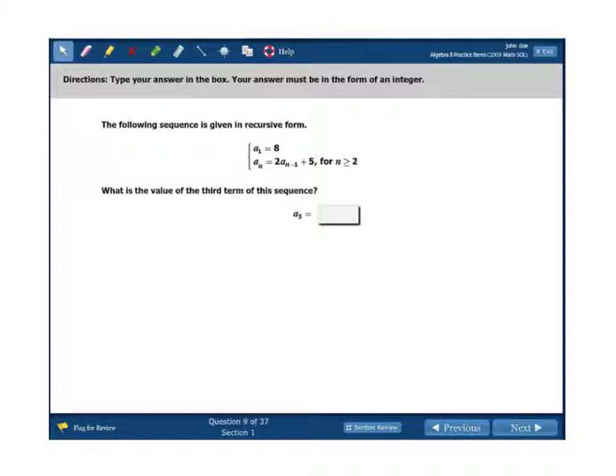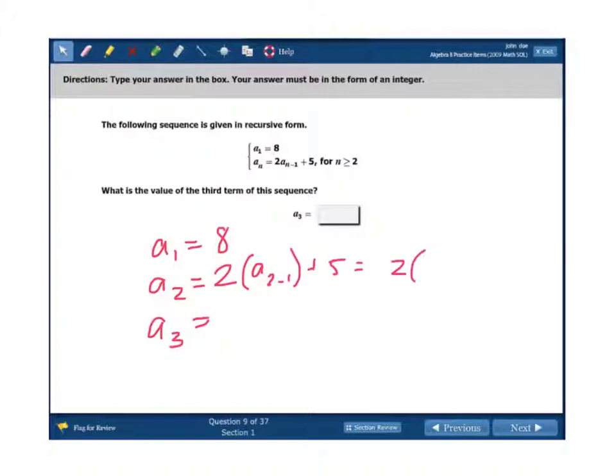Next question. The following sequence is given in recursive form. If A1 equals 8, find A3. We need A1, we need A2 to find A3, so we're going to have to go in order. A1 is 8. For the second term, A2 is going to be 2 times A1, and then plus 5.